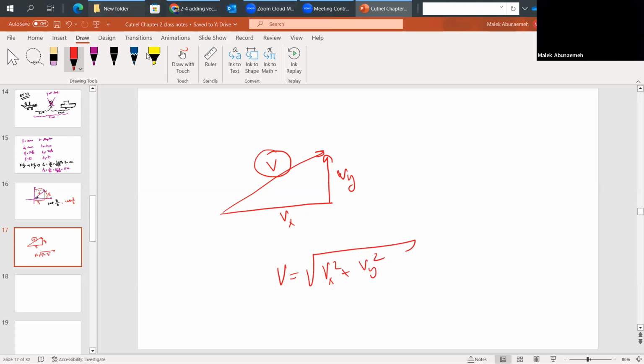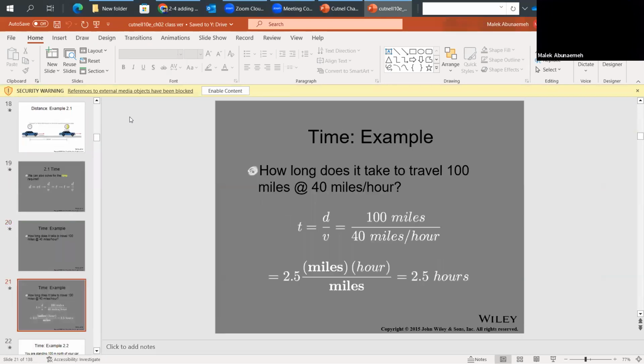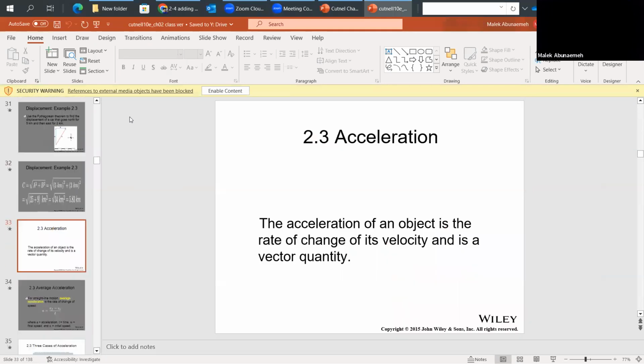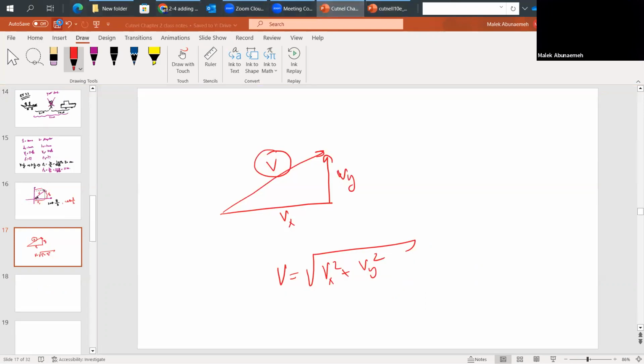So let's say in an example, using the Pythagorean theorem to find the displacement of a car that goes north for 5 kilometers and east for 3 kilometers.